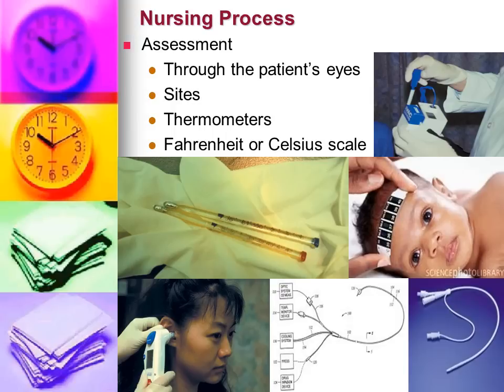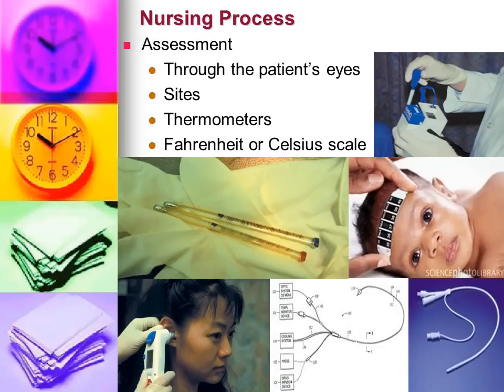The temperature obtained varies depending on the site used, but it is usually between 36 degrees Celsius or 96.8 degrees Fahrenheit and 38 degrees Celsius, which is 100.4 degrees Fahrenheit. Rectal temperatures are usually 0.5 degrees Celsius or 0.9 degrees Fahrenheit higher than oral temperatures.